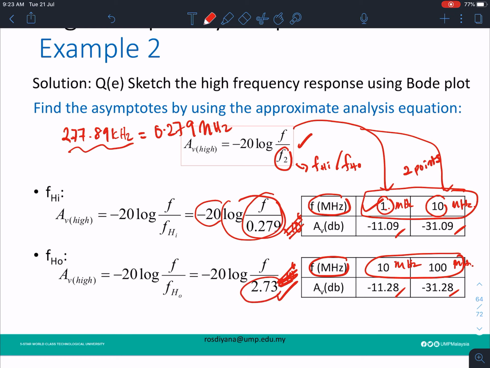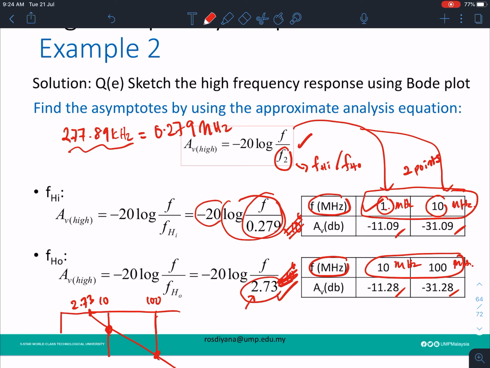For example, here this is the 100 and this is the 10. The scale is from 10 to 100, which means that FH out, 2.73, is somewhere here. It will take 2 points, from 10 and from 100.